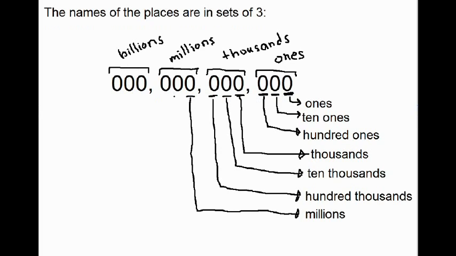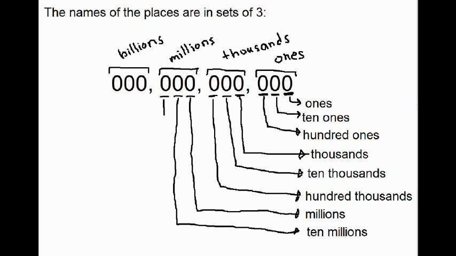Moving further to the left, the name of our next place value in this set is 10 millions. And finally, the last value in this set that we have, you've probably already guessed it, and hopefully you guessed, that's called 100 millions.